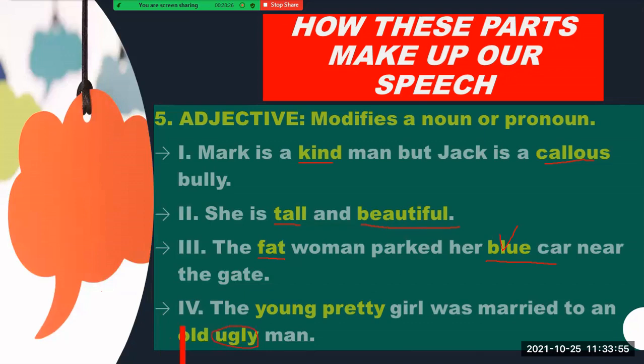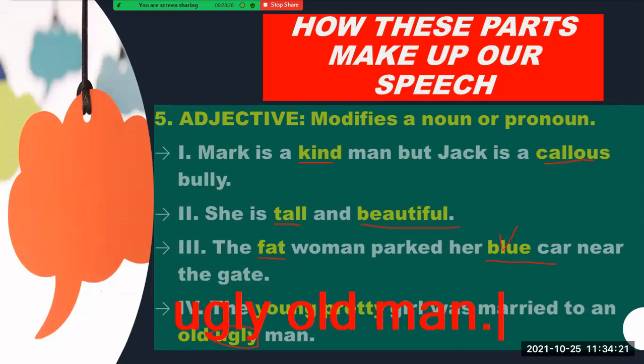Adjectives follow a particular order, and I want you to take note of that. So, ugly old man, not old ugly man.